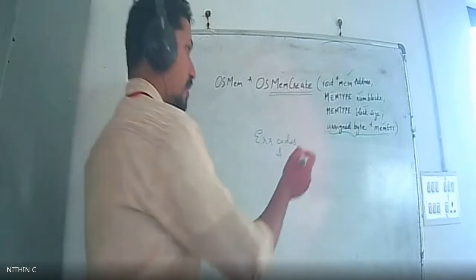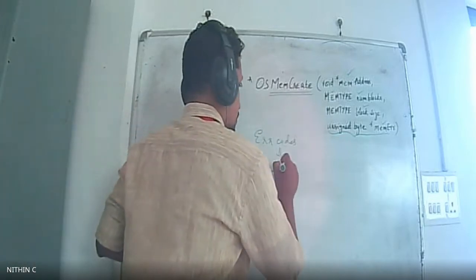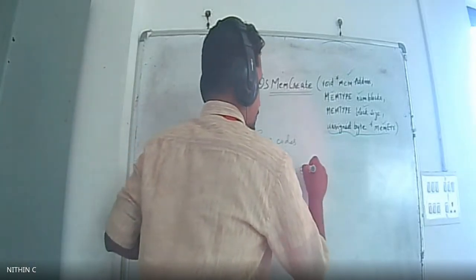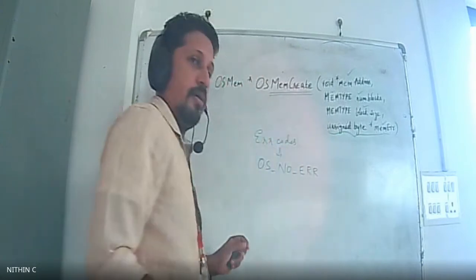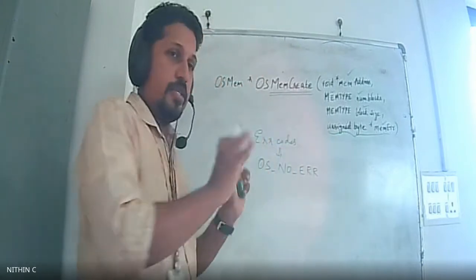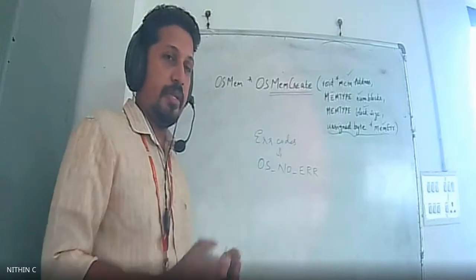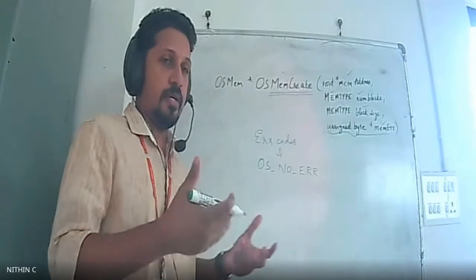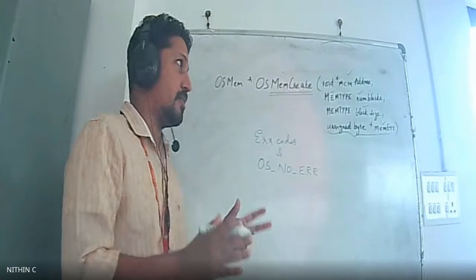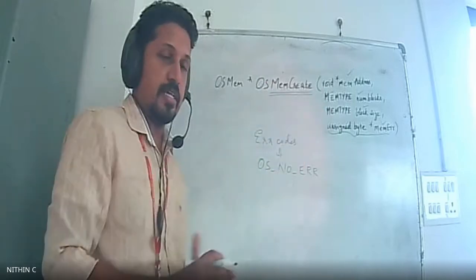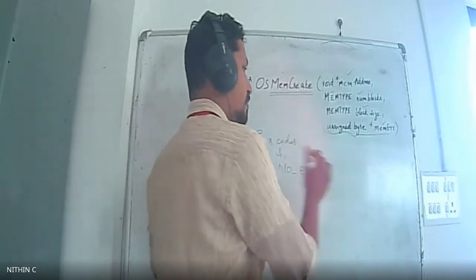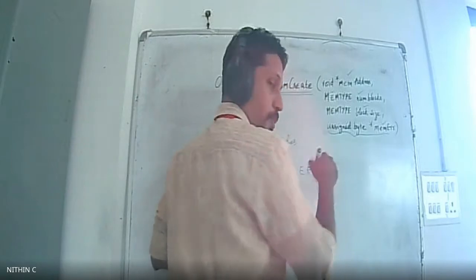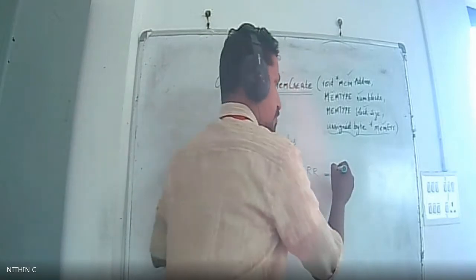First one, similar to our previous case, that is OS no error, which means that there is no error and the memory creation has succeeded. It has completed successfully. That particular memory creation function has worked successfully. Then this value will be returning 0. Okay, sorry, 1. It will be returning 1.